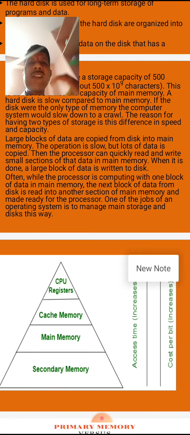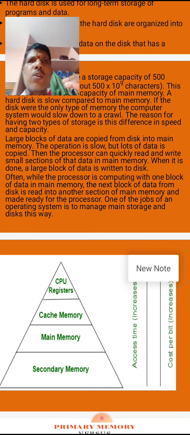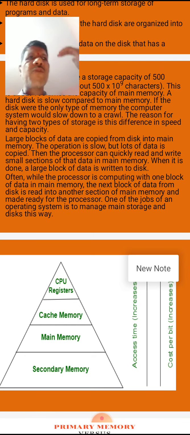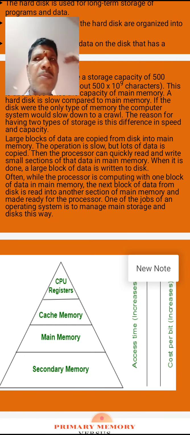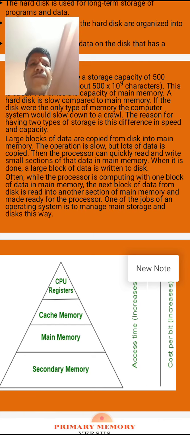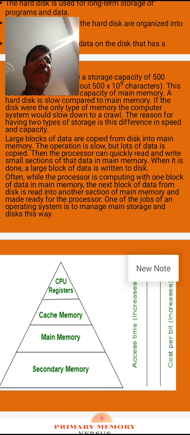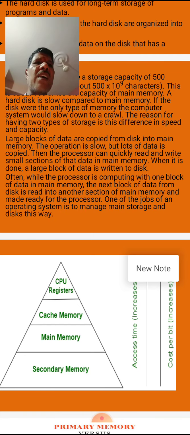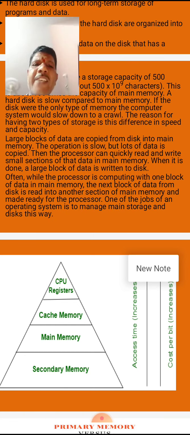If one block is loaded into main memory to process a job, the second block is ready when the first block's job is completed. In this manner, the operating system manages memory using a memory management technique. This is part of the job of the operating system.